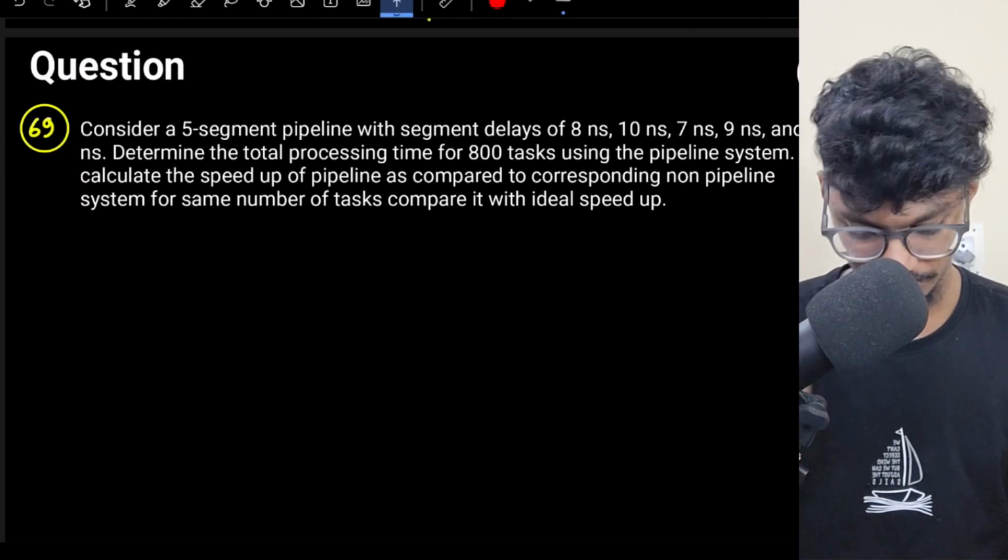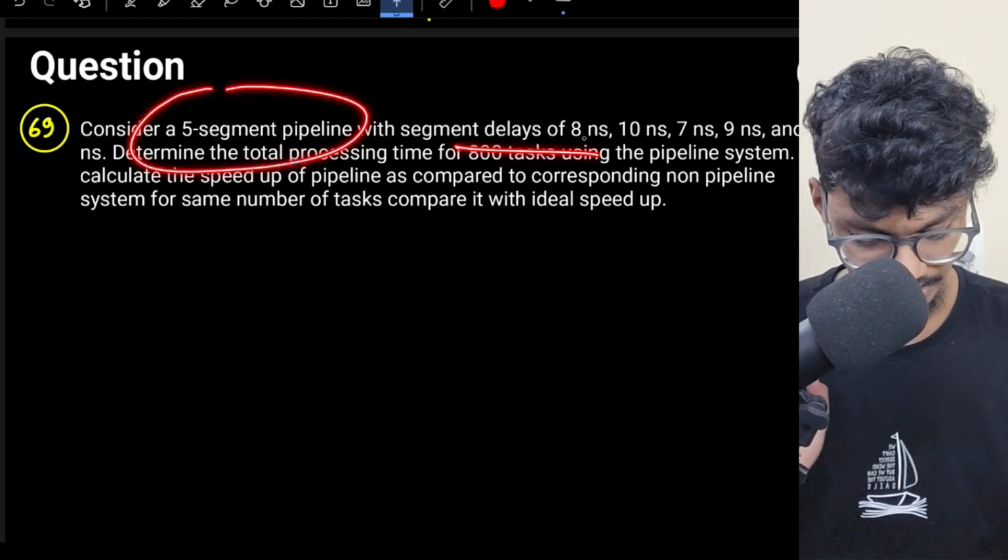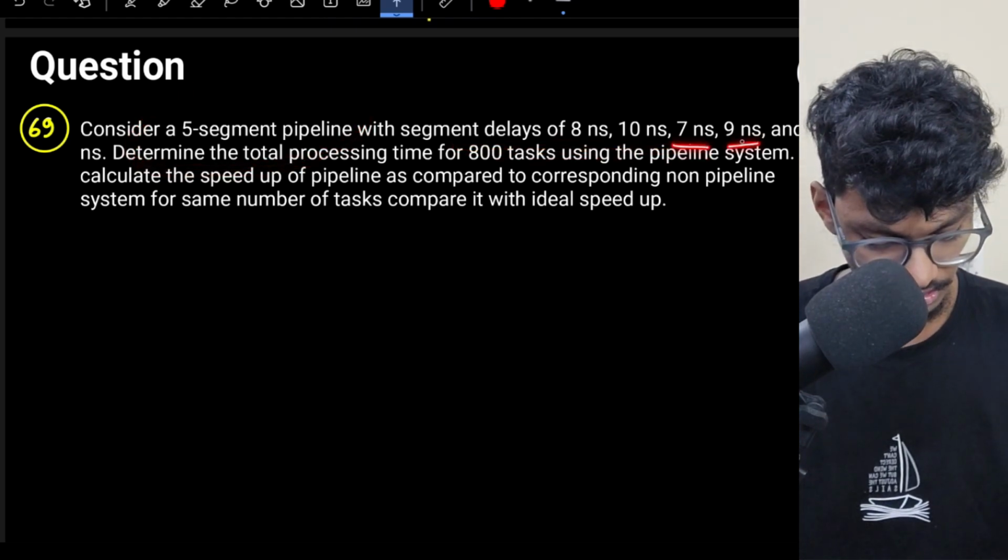Let us do the first question. We have a 5-segment pipeline with segment delays 8 nanoseconds, 10 nanoseconds, 7, 9 and 11.